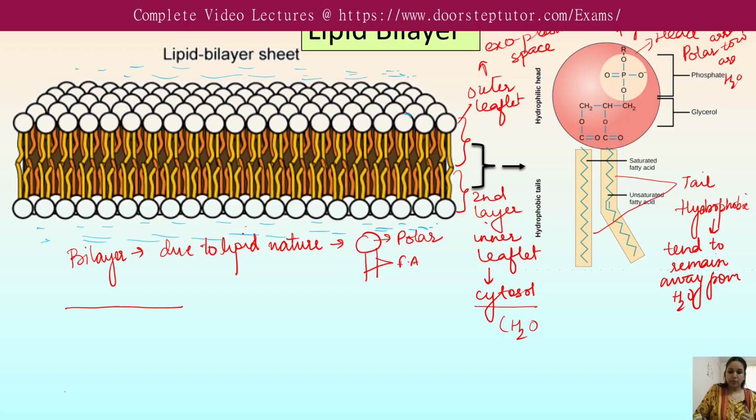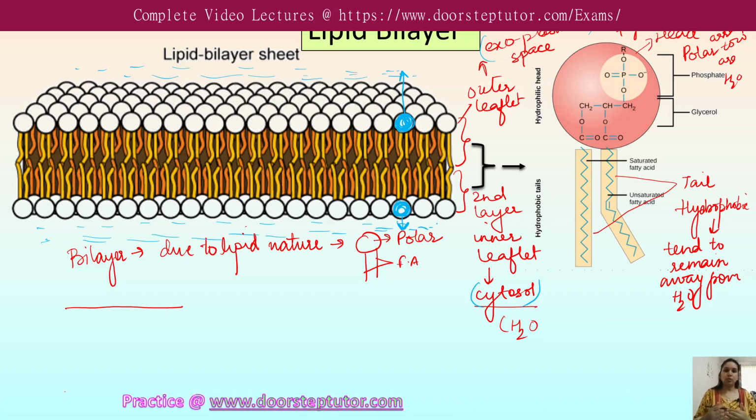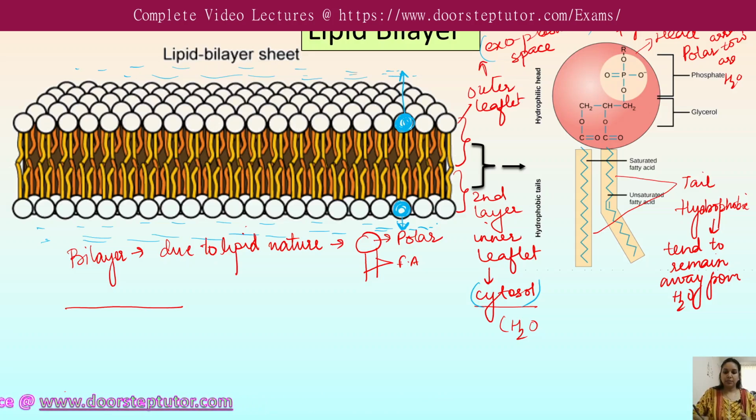So see, the hydrophilic part is attached toward the watery side, either in the exoplasmic space or in the cytosol, or we can say the cytosolic phase. So in both the phases, the polar part of the lipid structure is arranged toward the water.